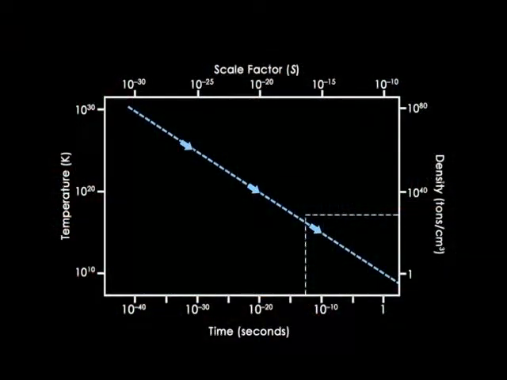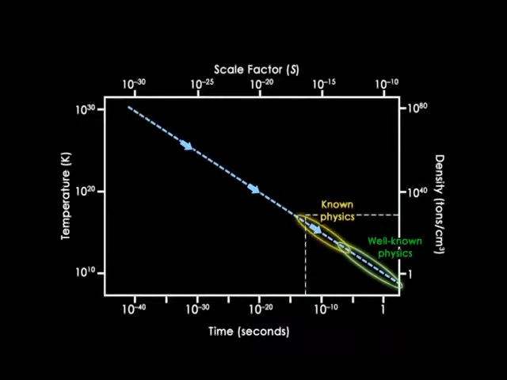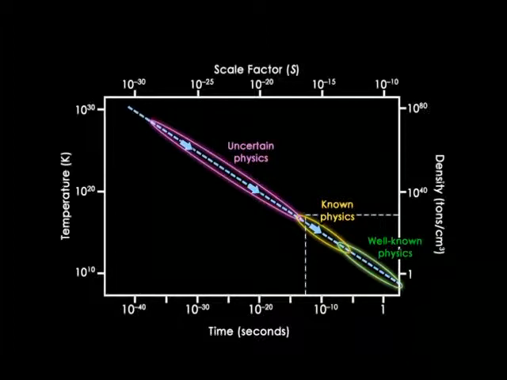These accelerators, of course, have helped build the Standard Model of particle physics, the laws of physics that occur within this box. And as far as we can tell, it's an extremely good and well-tested theory. So one might crudely identify this region with well-known physics and this with known physics, while before that is uncertain physics.